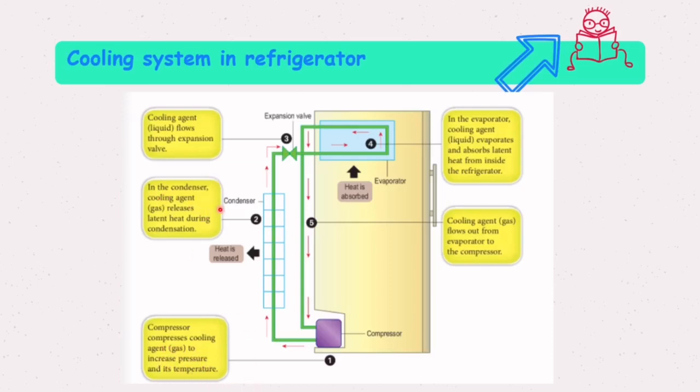In the condenser, the cooling agent releases latent heat during condensation. The cooling agent flows through the expansion valve. In the evaporator, the cooling agent evaporates and absorbs latent heat from inside the refrigerator. The cooling agent flows out from the evaporator to the compressor.